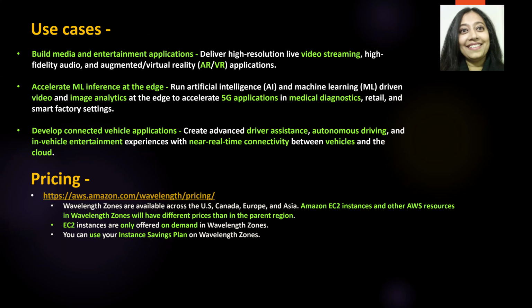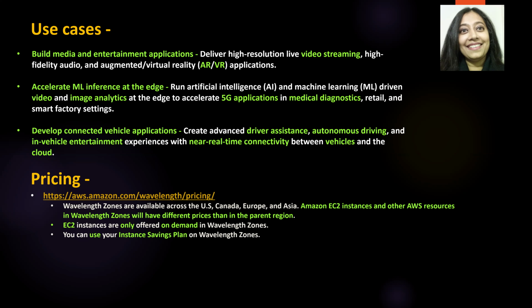Use cases. So where would somebody want to use AWS Wavelength and AWS Wavelength Zone? So now you kind of understand that, hey, AWS Wavelength is used to deploy applications on an infrastructure that requires ultra low latency or edge resiliency, especially for 5G devices.